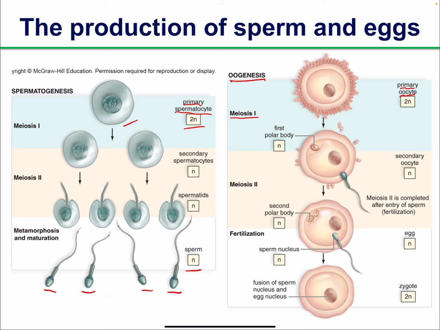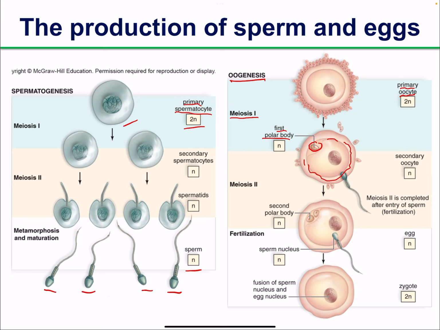And then, as the lady reaches puberty, you are going to have here one polar body, the first polar body, and the cell that is going to become the egg. So this cell is stopped at this stage for a long time.